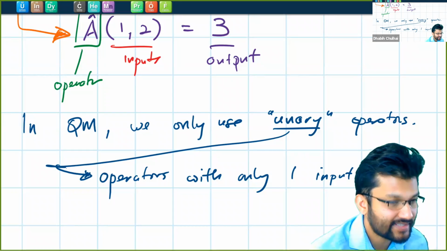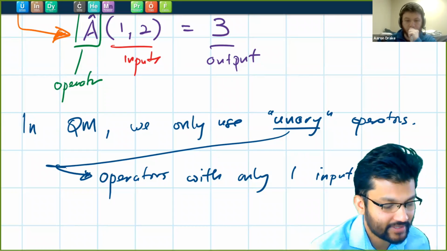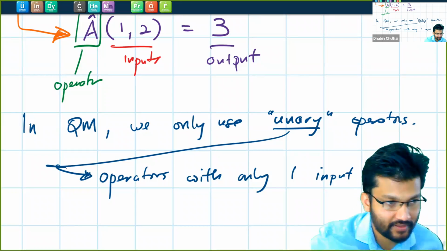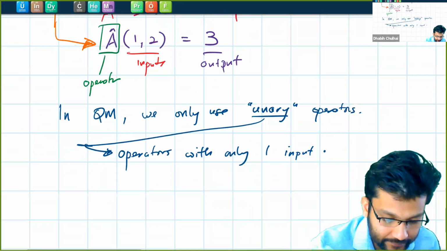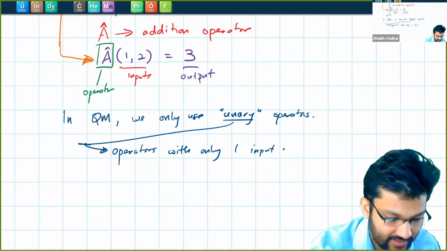You can stack operators on top of each other. Oh, okay. You can stack operators, so you can have multivariable inputs. But yeah, we'll see how that works in a second.